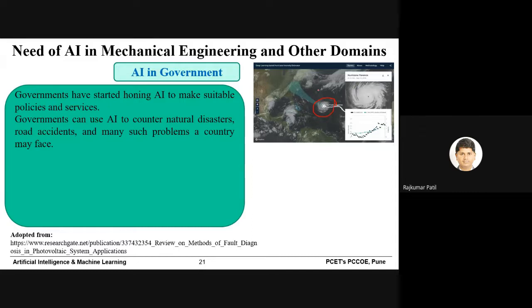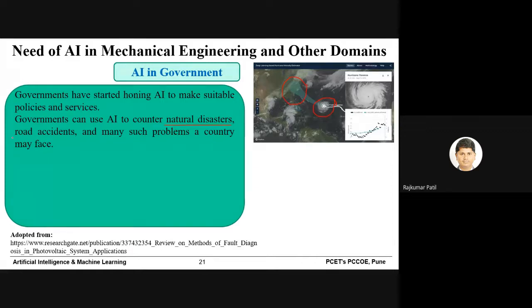Based on that, its impact is calculated, and how much monetary loss there will be is calculated accordingly. Plans are created, for example, whether it is required to evacuate that place so that humans will be safe, and such kinds of decisions are taken.